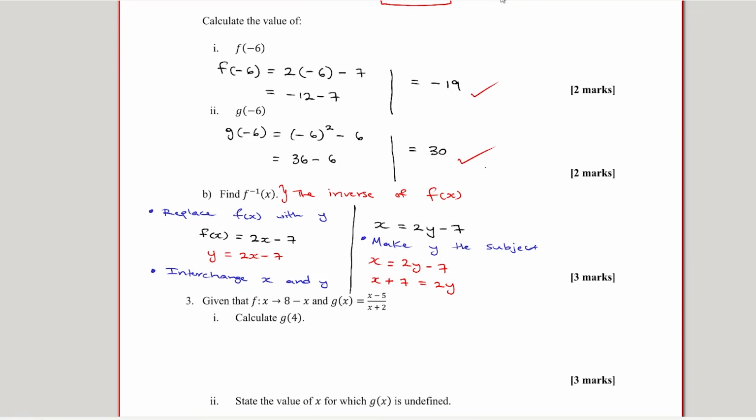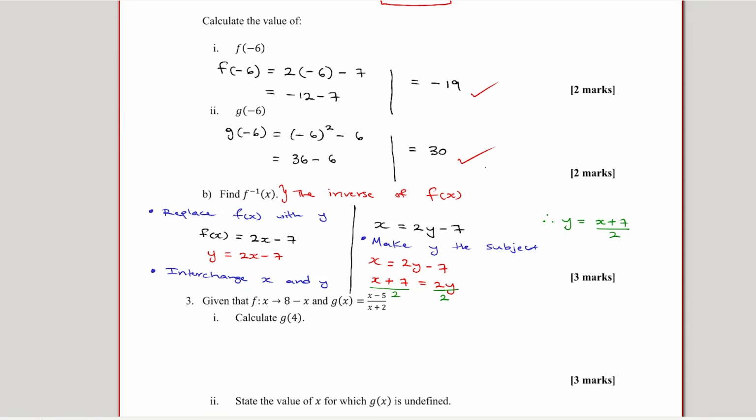We can see that the y is being multiplied by a 2. So we can get rid of that by dividing by 2. Whatever we do to one side, we must do to the other side of the equation. So we can say, therefore, y is equal to x plus 7 over 2. And remember, we were looking for the inverse.